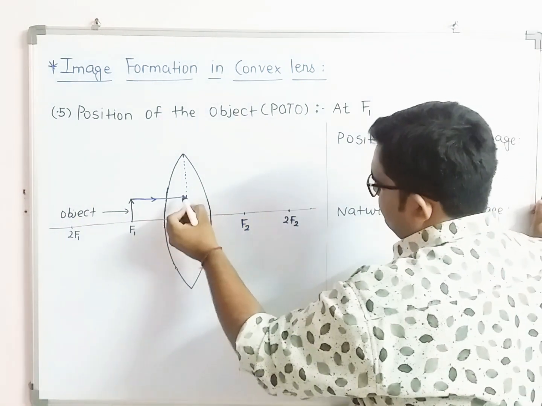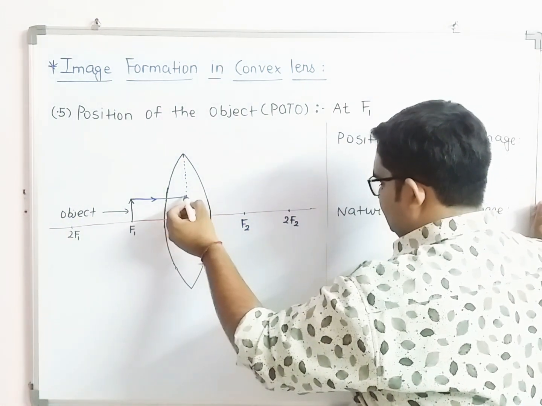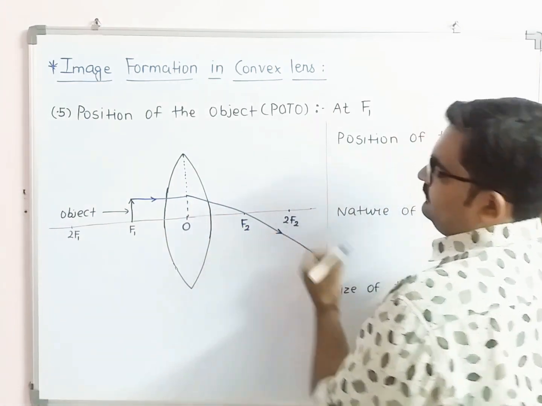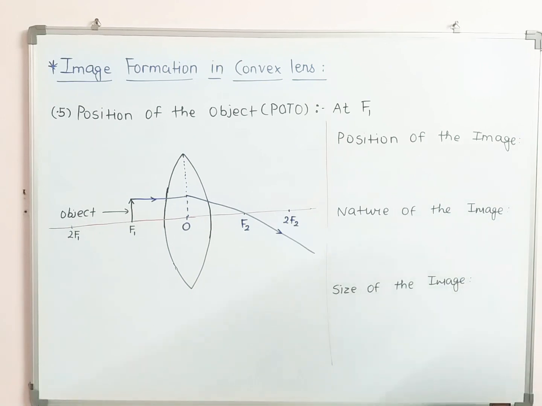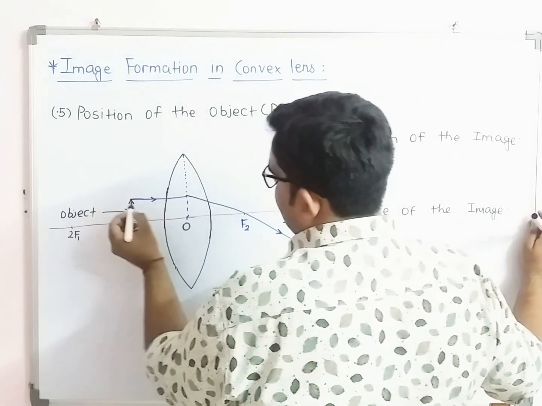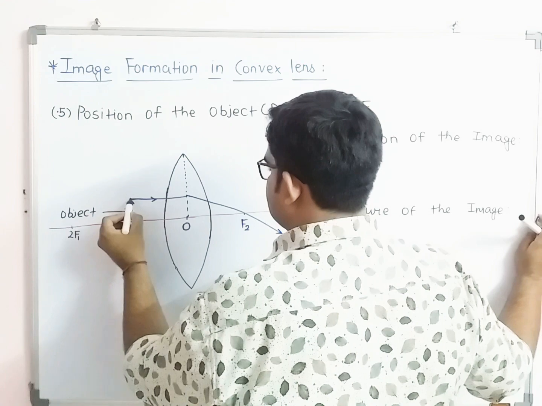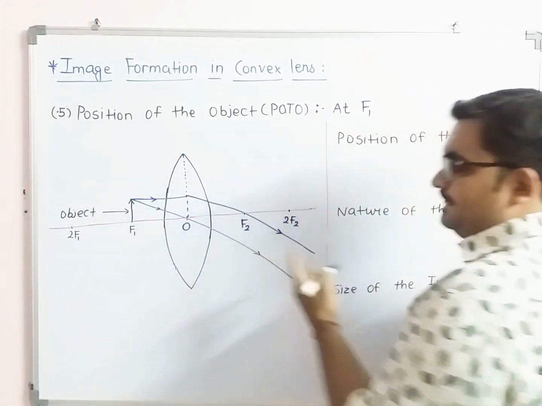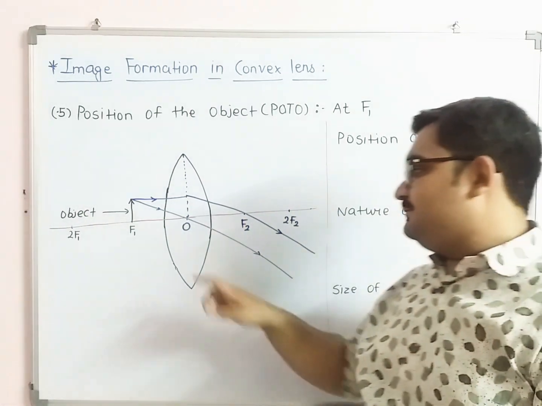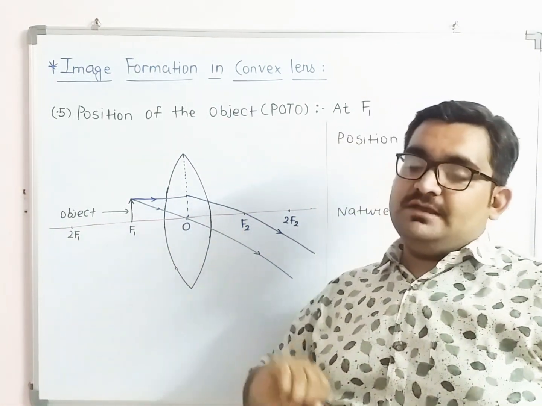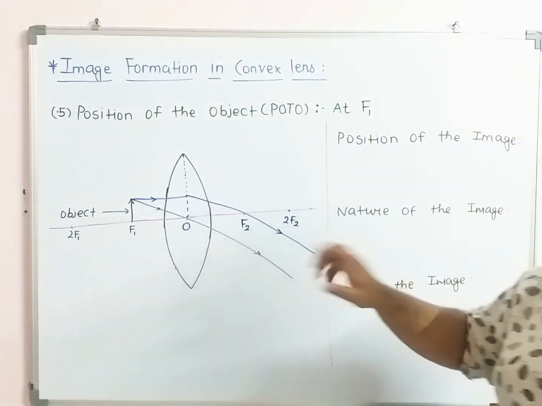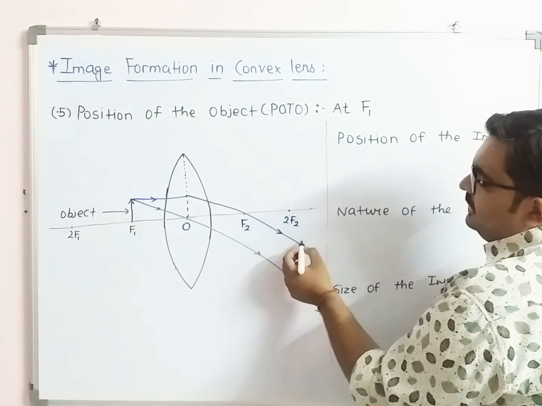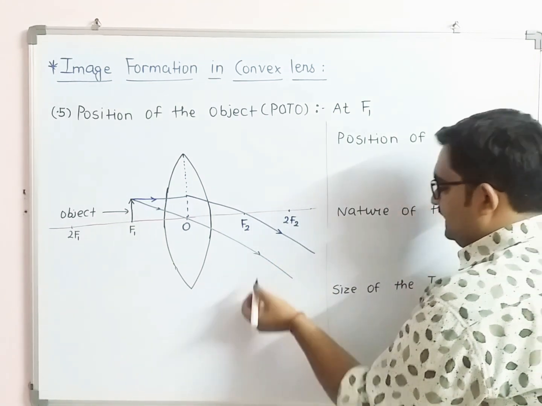After refraction, this ray passes through the focal point F2. Now the second ray is passing through the optical center O. So we know very well when a ray passes through the optical center O, it does not change its direction. So here you can see our two rays become parallel.